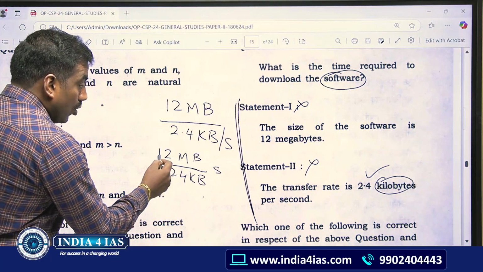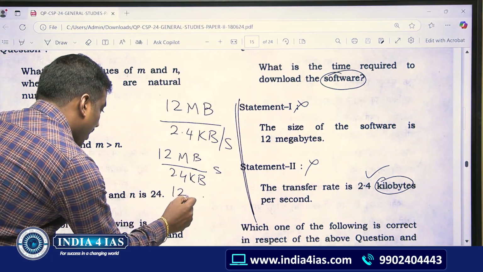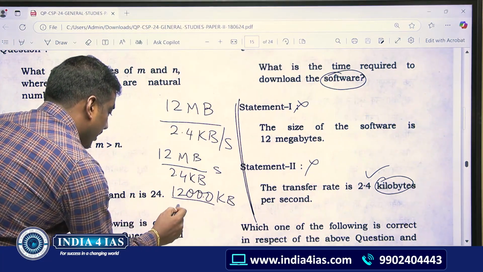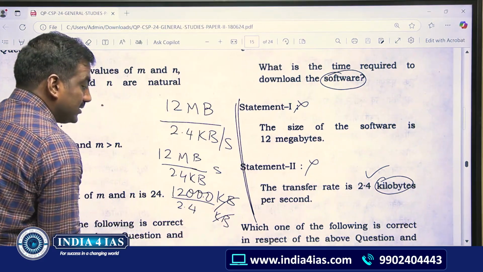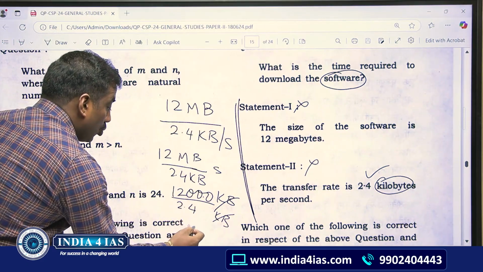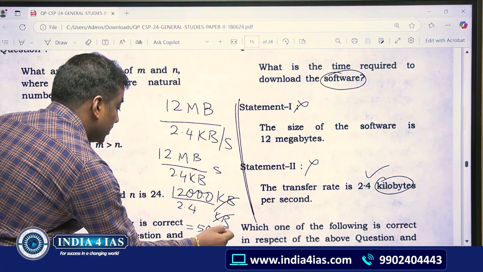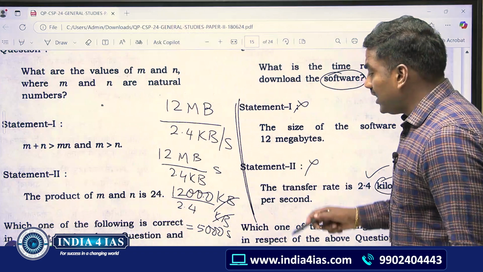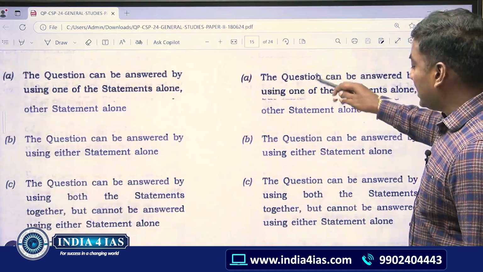But 12 megabytes is 12,000 kilobytes, divided by 2.4 kilobytes. Kilobyte cancelled. 12,000 divided by 2.4 is nothing but 5,000 seconds. We need 5,000 seconds. That means using both the statements, I can answer the question.